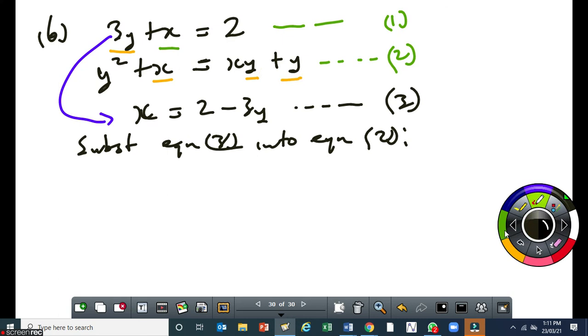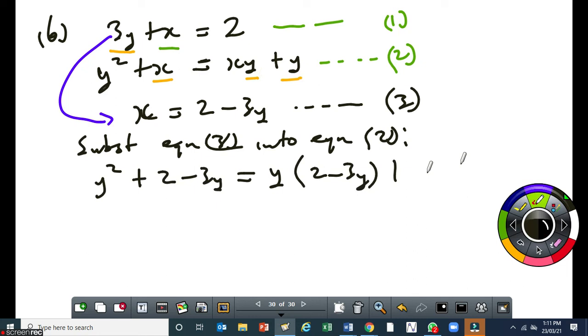Okay, so I'll end up having y squared plus 2 minus 3y equal to y times 2 minus 3y plus 2 minus... plus 1. Okay, so I've done a substitution.